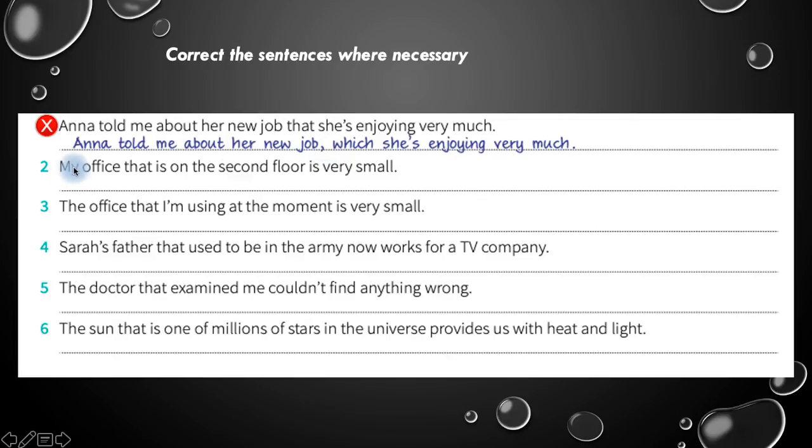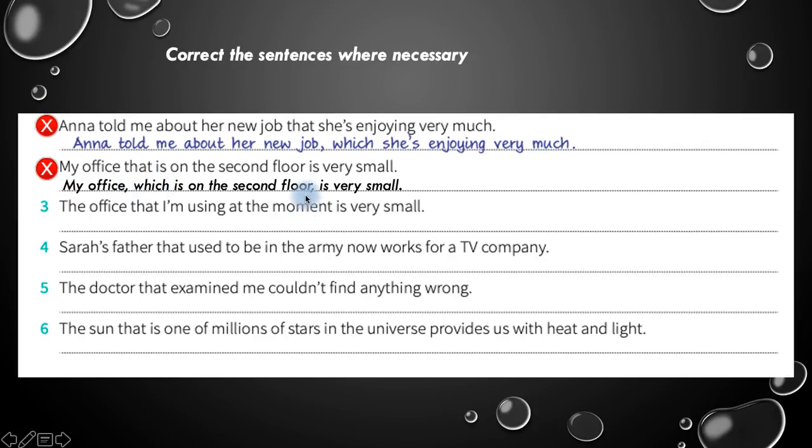What about number 2? Is this sentence correct? Please read it. My office that is on the 2nd floor is very small. Are there any mistakes in this sentence? What do you think? Yes, there are 2 mistakes.